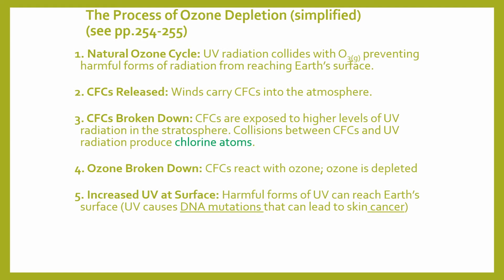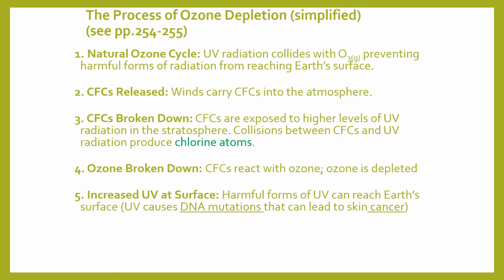This increases the surface UV radiation because now there's no ozone, it's been depleted, and the ozone layer can't stop the UV radiation. That means the surface of the Earth has higher concentrations of UV radiation, and this is very, very dangerous because it causes DNA mutations in us, can lead to skin cancer, and it can be very damaging to plants and different animals because they are prone to this radiation just like we are.